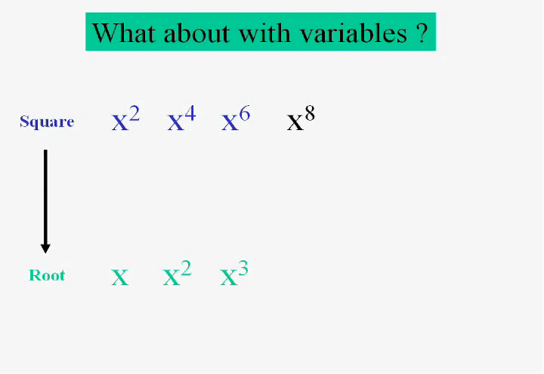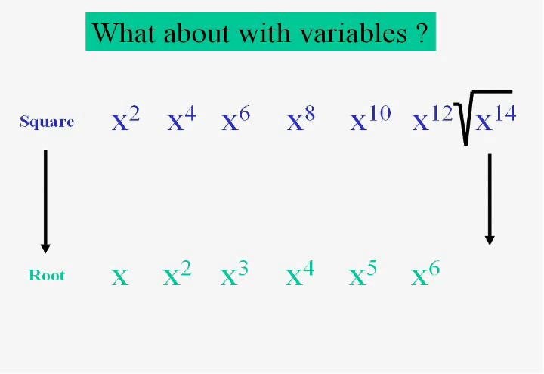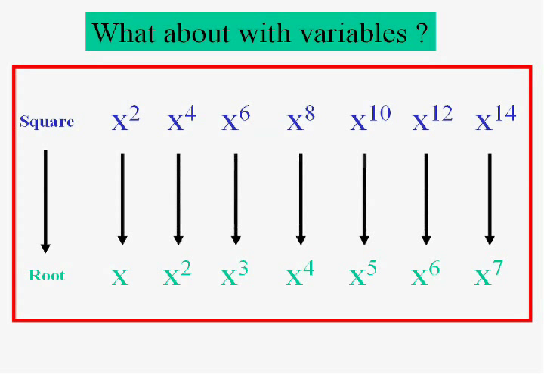Any even exponent with variables is going to come out to be a perfect square, because remember, you add exponents when you multiply. The square root of x to the 10th is x to the 5th, because x to the 5th times x to the 5th does equal x to the 10th. So any even exponent is going to be a perfect square. You'll need to know that.